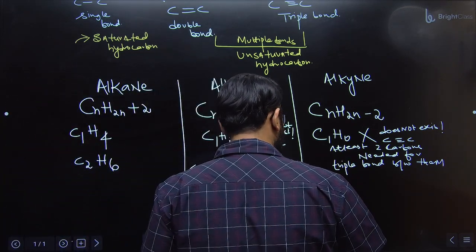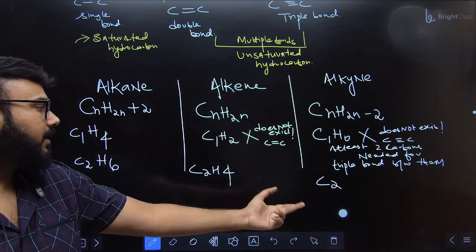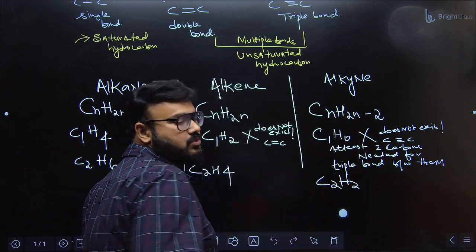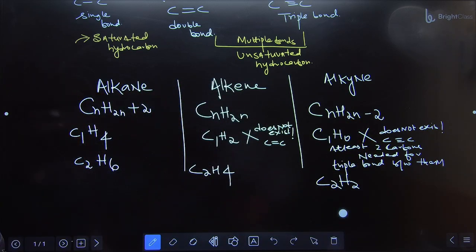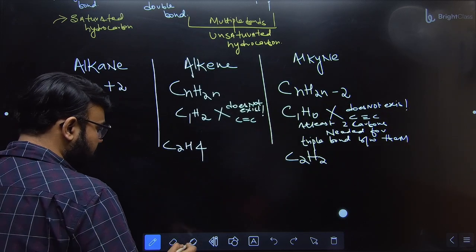Same thing here. There also, what will the C2 be then? How much H? Double minus 2. So 4 minus 2. So C2H2. Online, is everyone clear now? Yes, sir.